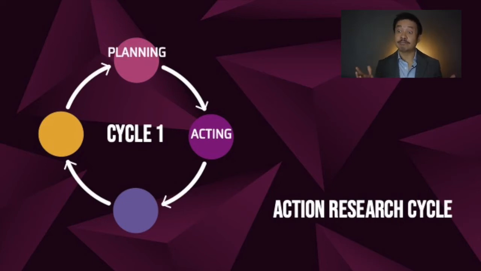Then you observe. You collect more data on the ground, interview the same people, and analyze the effects that intervention might have. You report the findings to the first group of participants and ask them for more feedback.